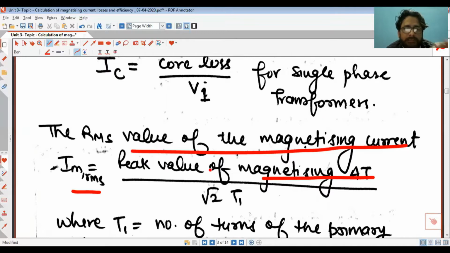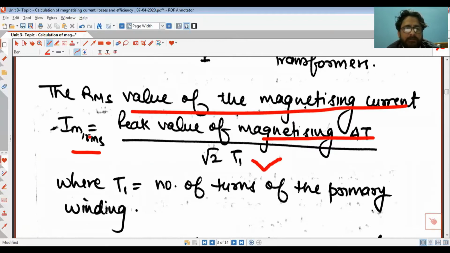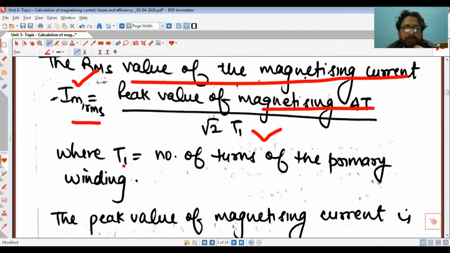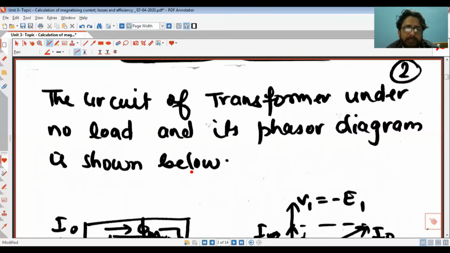So that is why here the total magnetizing MMF means the peak magnetizing MMF divided by root 2. So this will give me an equation of the RMS value of the magnetizing current. This is how we can calculate the magnetizing current, where T1 is the number of turns of the primary winding. So either it is T1 or it is TP, it is one and the same thing. If you find TP somewhere, TP is also the number of turns of the primary winding, right?